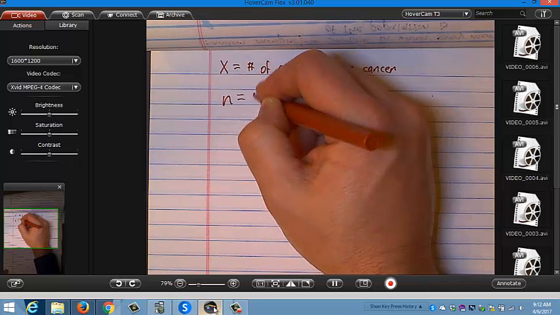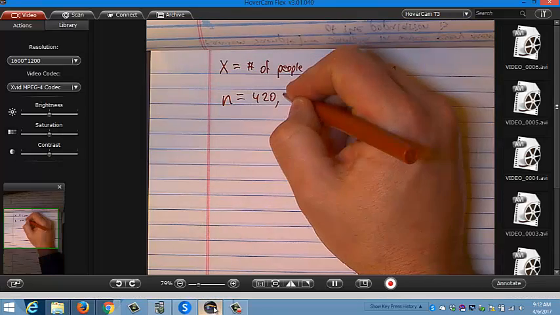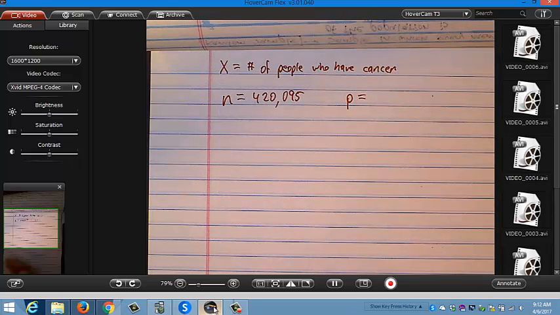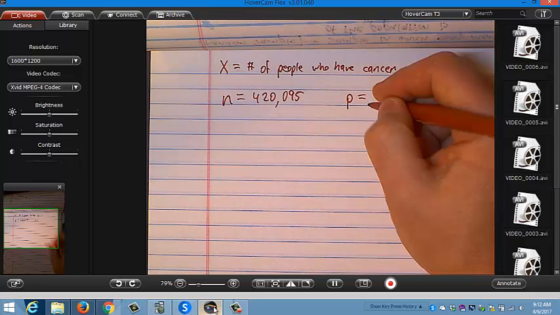N is 420,095. They gave me little p. What's the probability of someone having cancer somewhere, just in general? People already knew that, so they gave it to me. 0.00, yeah, I said it's less than 1%. It's way less. 0.00340.